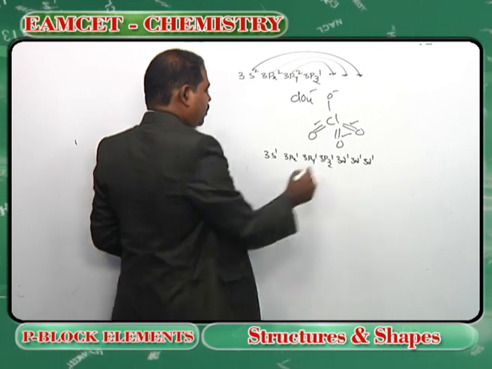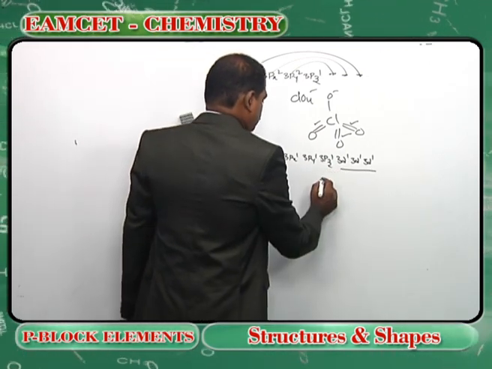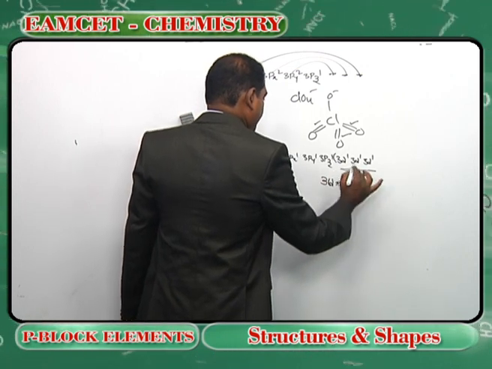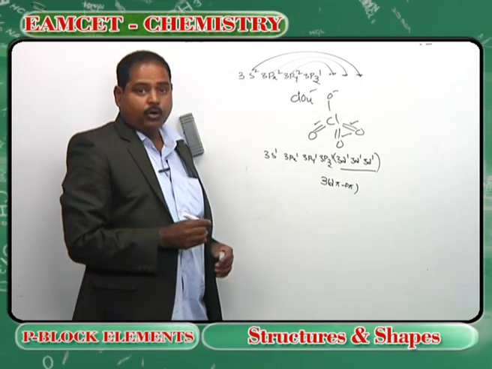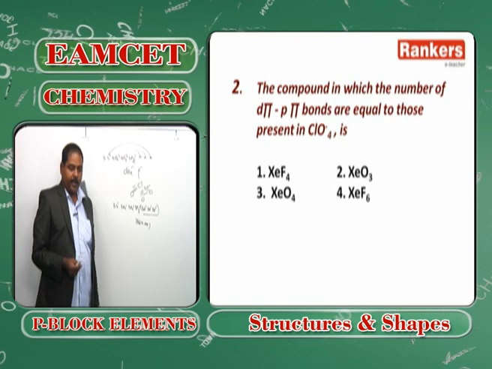So now chlorine can form 7 bonds, out of which 3 are pi bonds. So it has 3 dπ-pπ. I told you we need pure orbitals for pi bond formation. Therefore, you have 3 dπ-pπ.